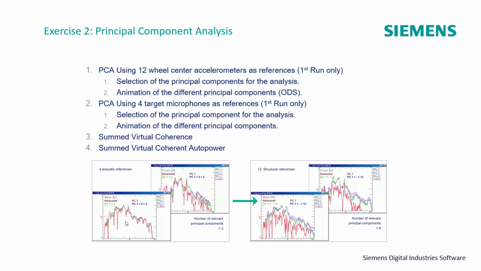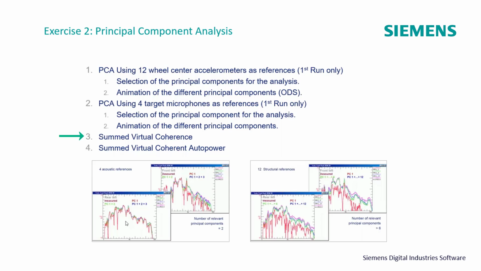We do that for the rear left and the front left. On the lower left, it looks like we did show you PC1 plus 2. That's the green curve, and the red curve is all 3 principal components. So there is a difference between the green curve and the blue curve, and we see the same thing on the right side. The green curve, which is the 6 principal components, and the blue curve, which is all 12 principal components, are similar, but a little bit different.